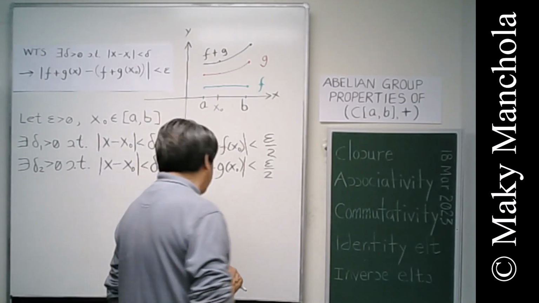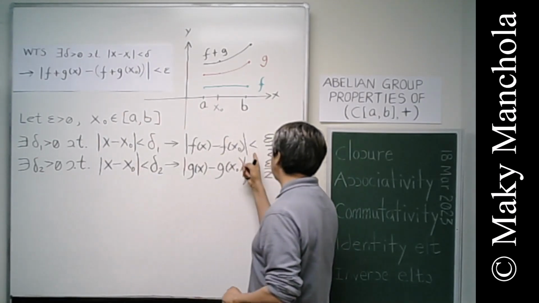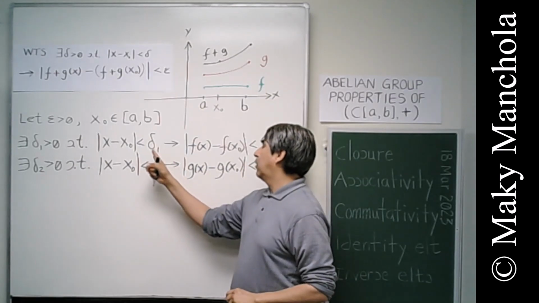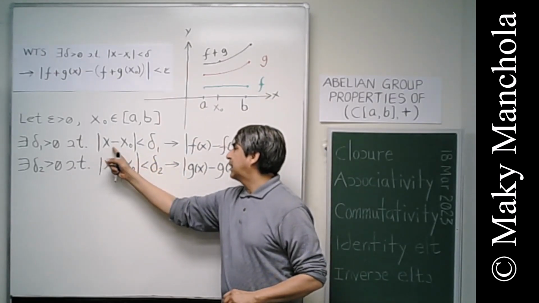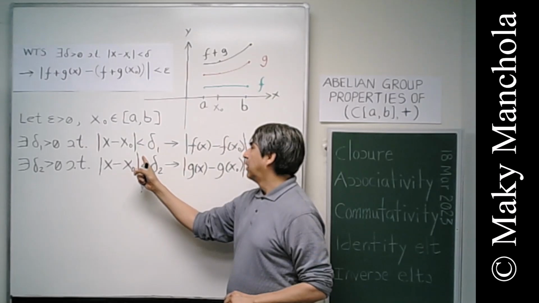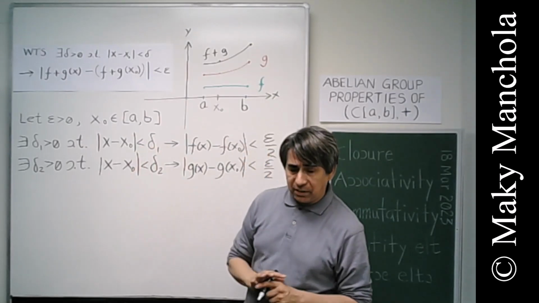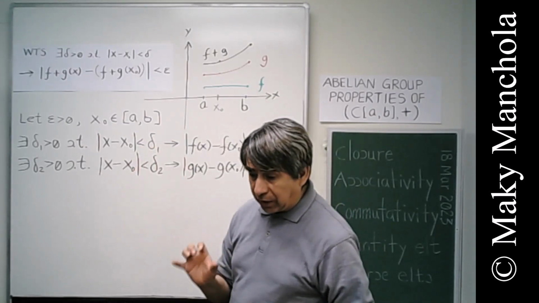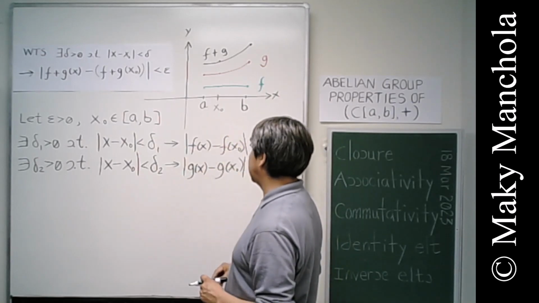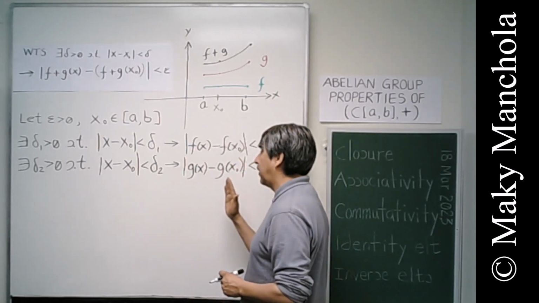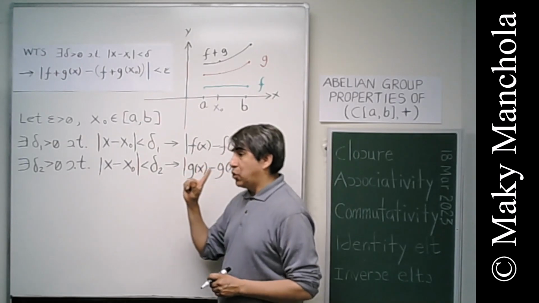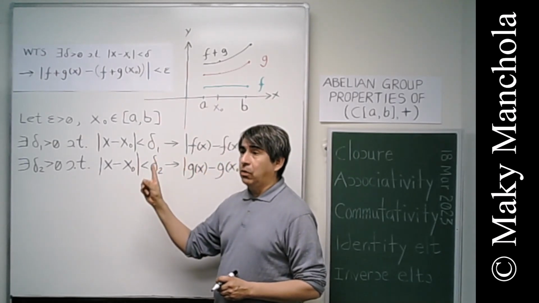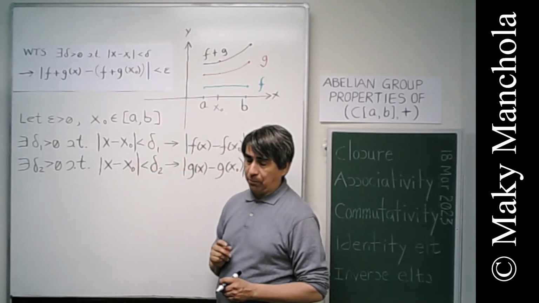But we have a problem. These conditions depend on how far apart x and x0 are. Delta 1 and delta 2 could be different. So how can we ensure that both of these conditions are satisfied? We are going to have to ensure that x and x0 are close enough to each other.